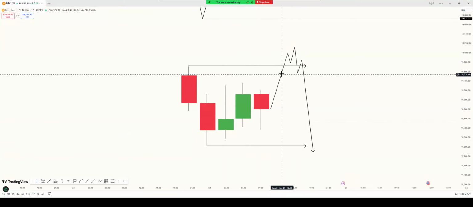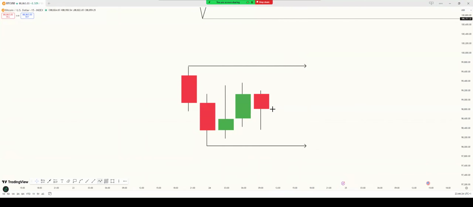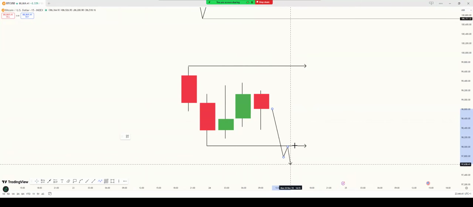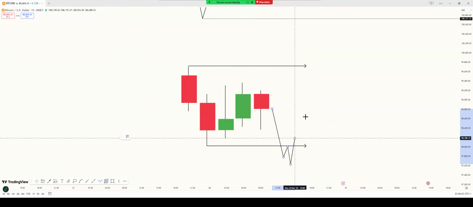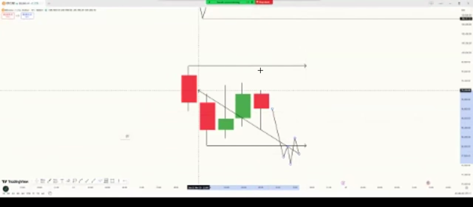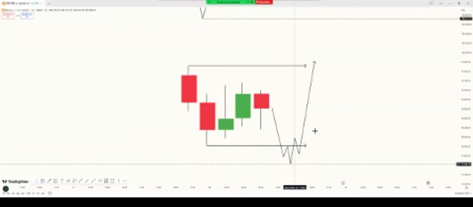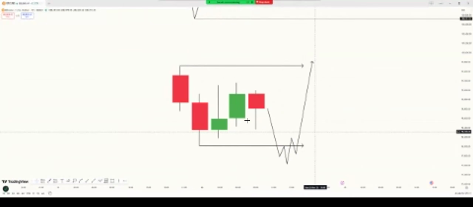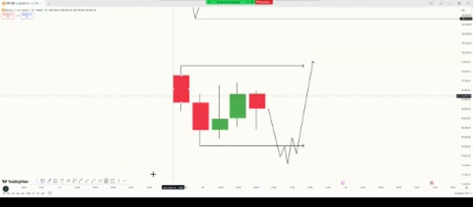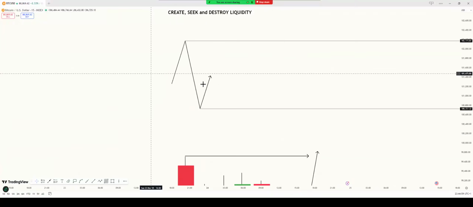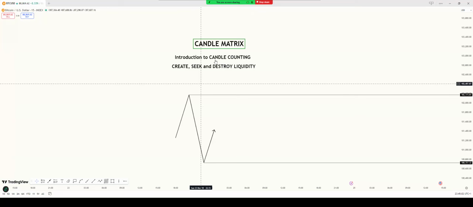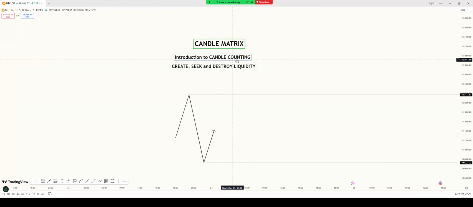If price goes for the sell side liquidity first, we want to look for buying opportunities to take price up to the relative BSL, the relative buy side liquidity, just like this. So this is how I am able to identify liquidity by counting candlesticks.